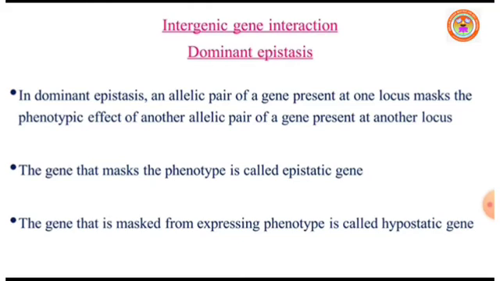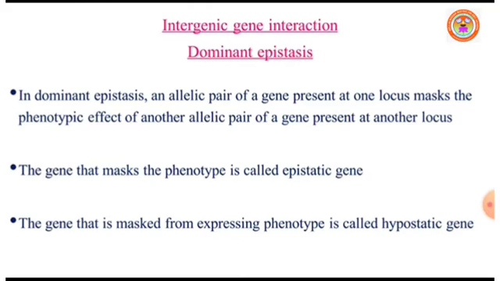So in epistasis, a pair of alleles of a gene present in one locus affects the phenotype of another pair of alleles of a gene in a different locus. The gene which masks the phenotypic effect of another gene is called the epistatic gene.